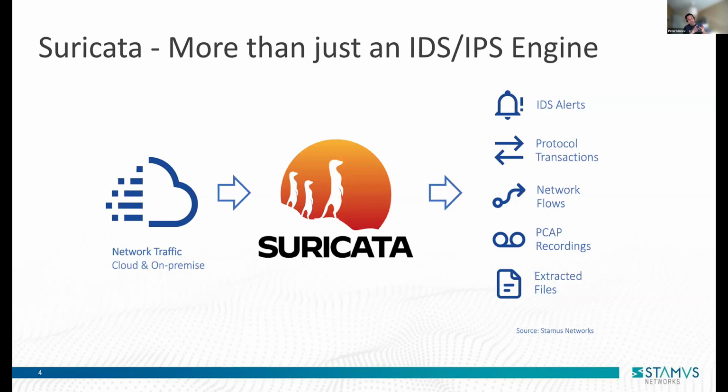Those are the alerts, the metadata, which actually includes protocol and flow transactions, extracted files, and PCAP as well. So a bunch of goodies in there. Again, built on top of Suricata, and Suricata 8 is the latest stable version. So that's what Clear NDR Community is using, and there's a lot of stuff in there that we can use for defense.